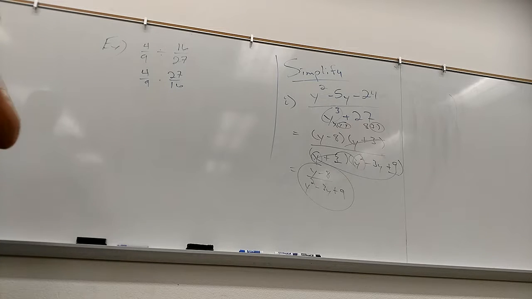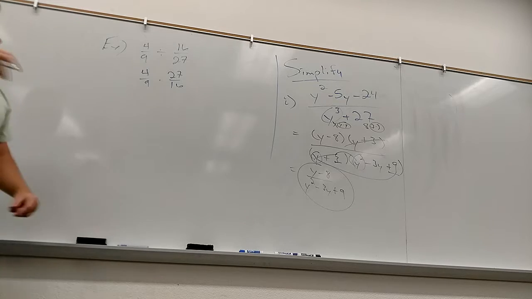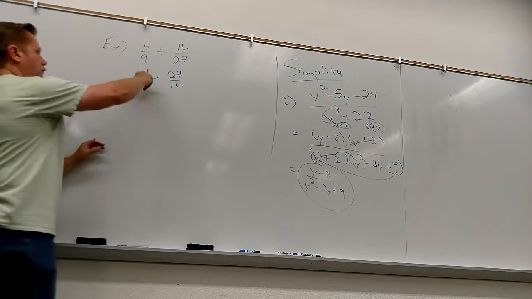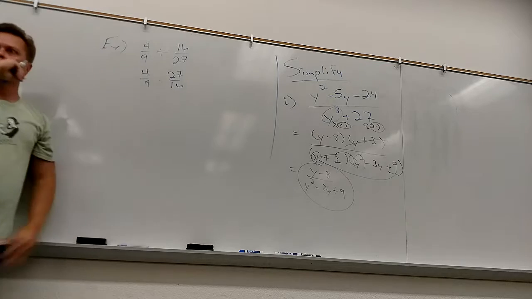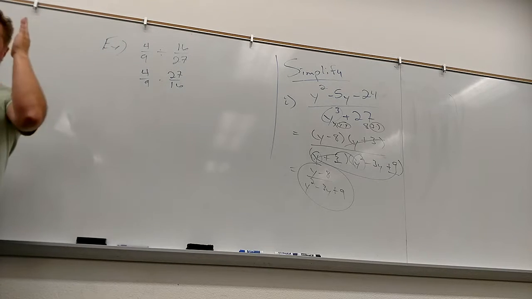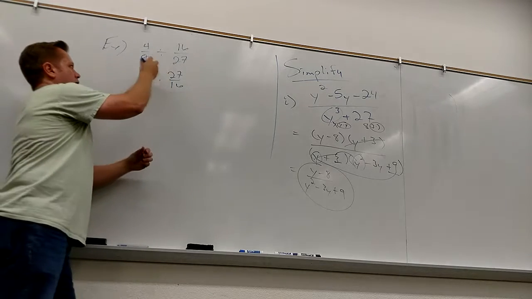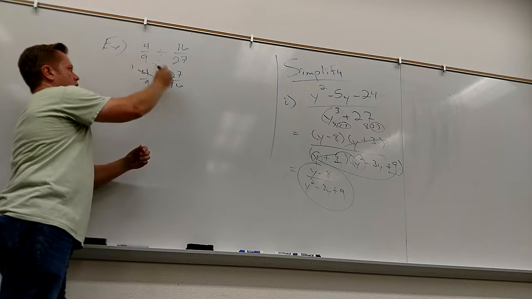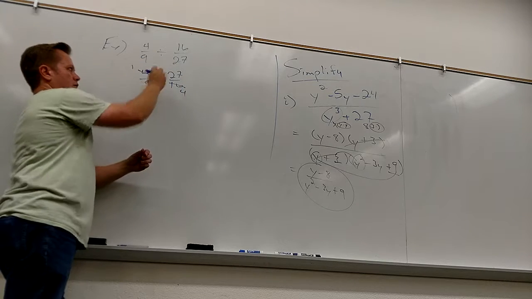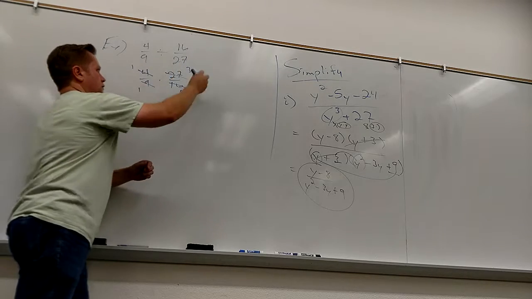It's not just a thing we decided to do, it's a thing that has to happen. And then I can do what? I'm not going to do 4 times 27. You don't want to make huge numbers you didn't have to work with. Kill them first a little bit. Yeah, exactly, cross reduce. 1 over 4, 1 over 3, so you get 3/4.